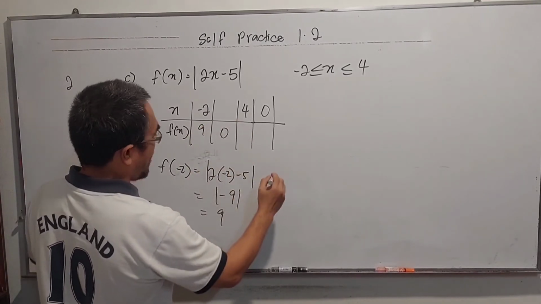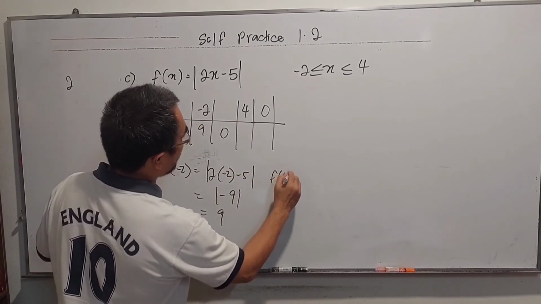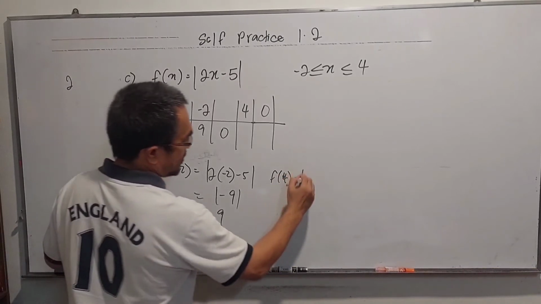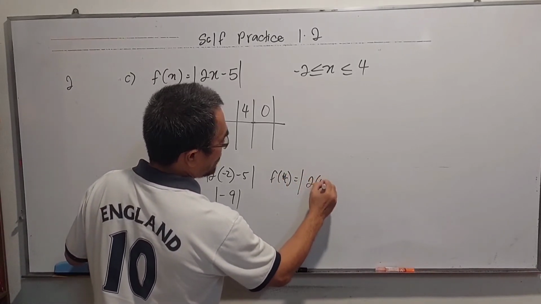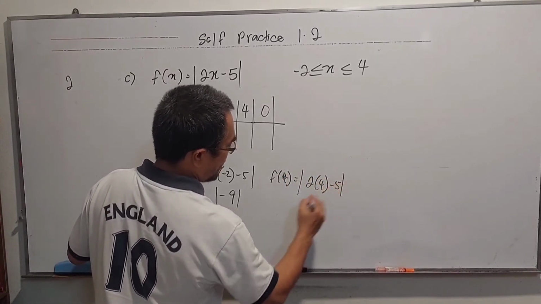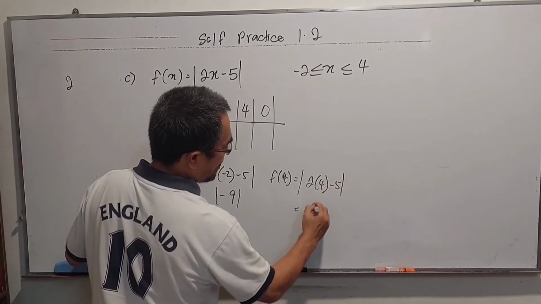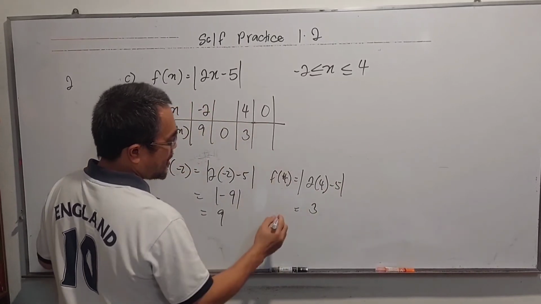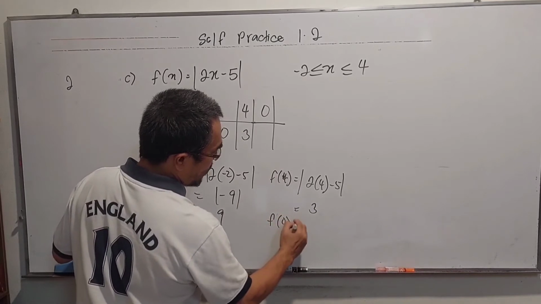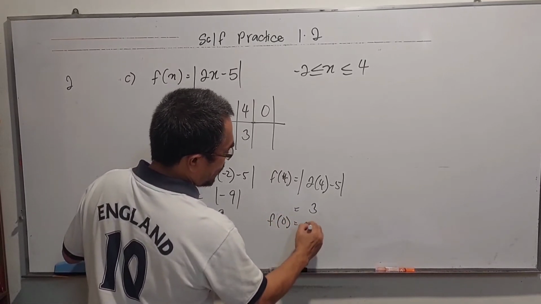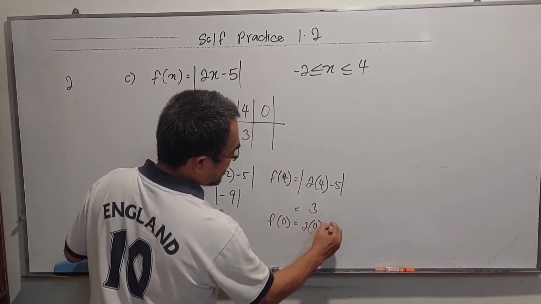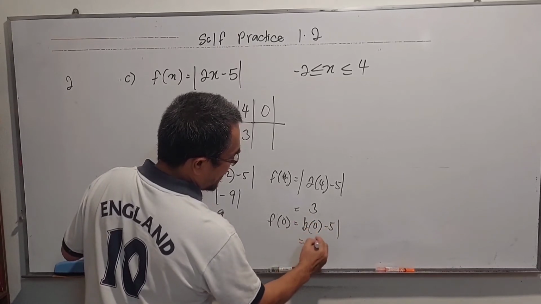If f of 4 is 2 times 4 minus 5, it will be 8 minus 5, which is 3. And f of 0 is 2 times 0 minus 5, which will be negative 5.